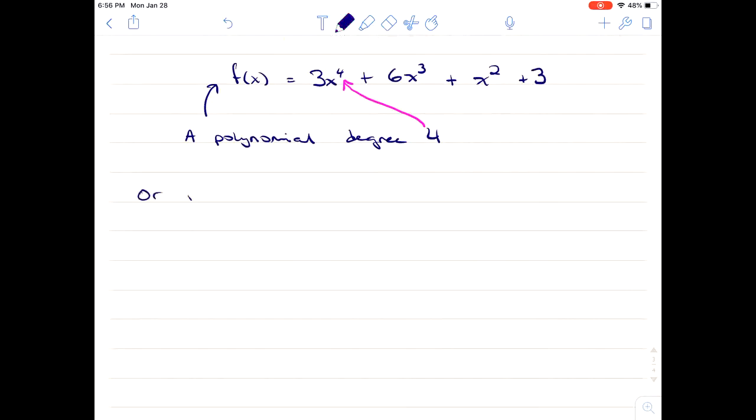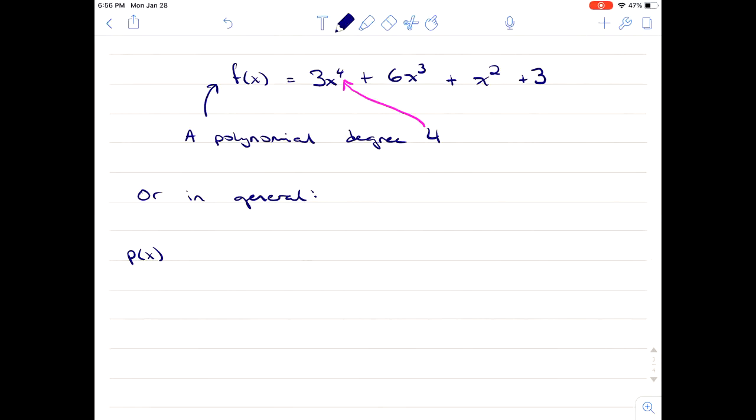So, or in general, we can say something like P of x. And I used to start with this definition and then show you a real one. Right? But if I had to write this function out in general, I would have to have a spot for the coefficient, right? Each one has its coefficient, and then there's an x with a power.